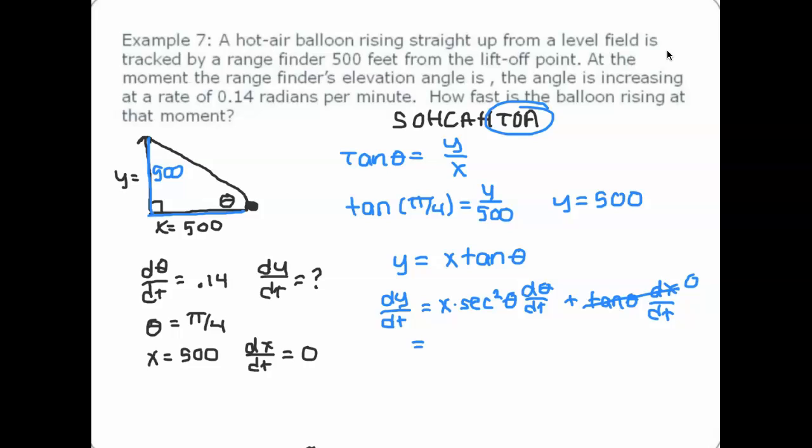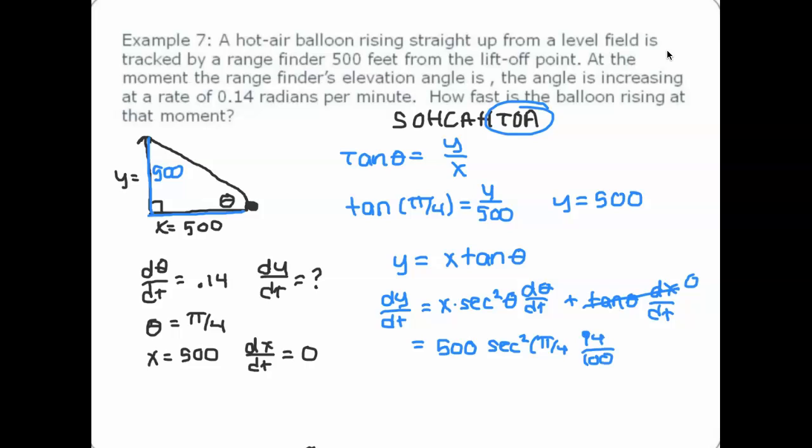So we get that this is equal to 500 times the secant squared of pi fourths times d theta/dt, which is equal to 0.14, which is also the same as 14 over 100.